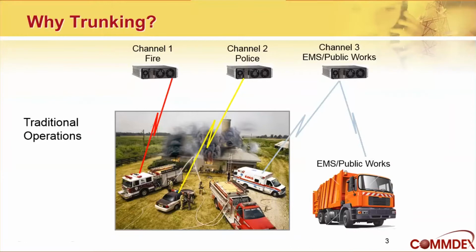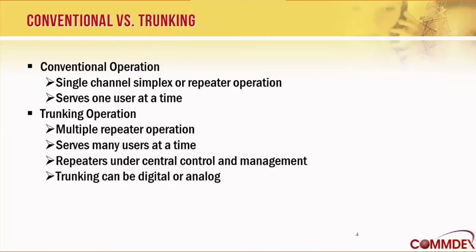So the purpose of trunking is to consolidate and pool those frequencies together and make them available to all the users. And there's nothing new about trunking. It was first developed in the telephone world over 100 years ago. What's fairly new is applying it to systems.